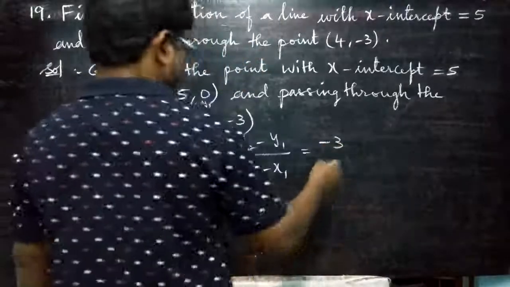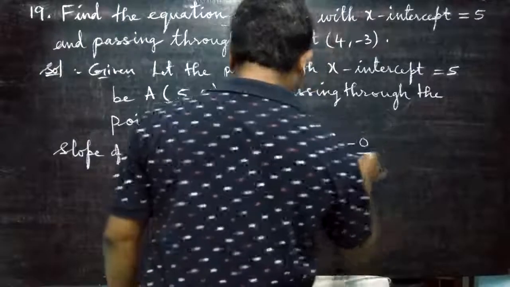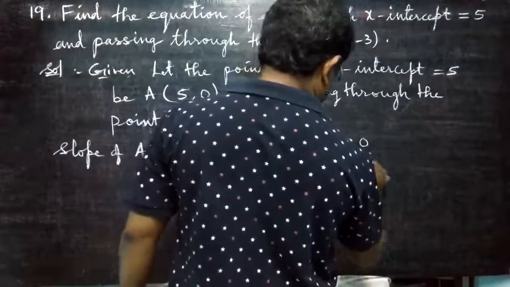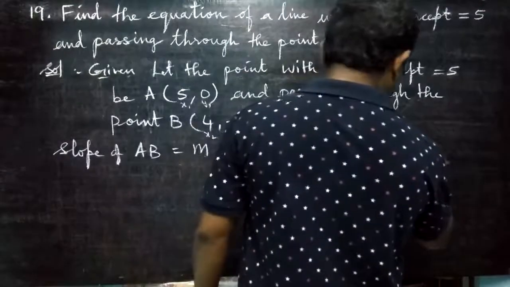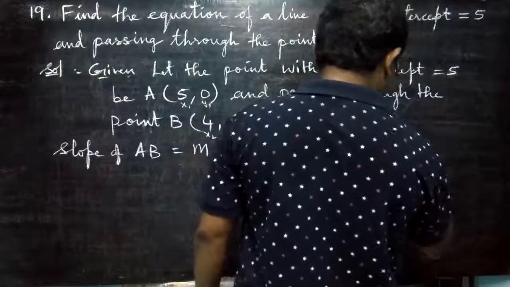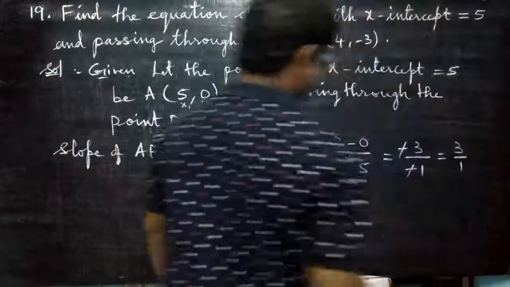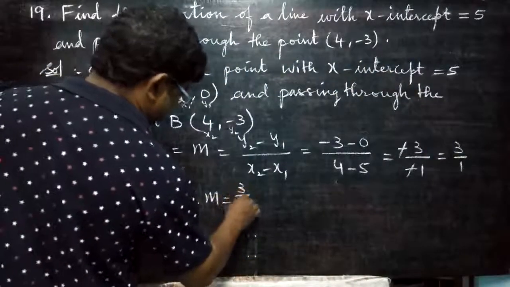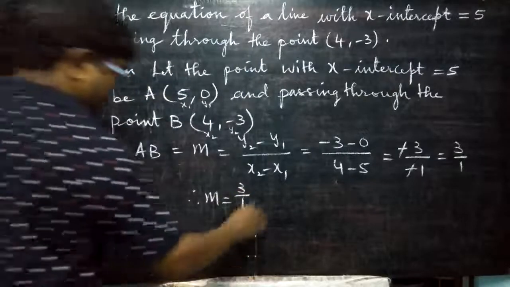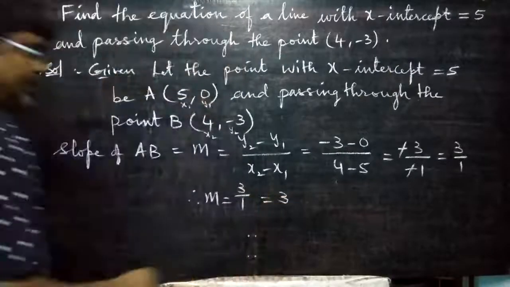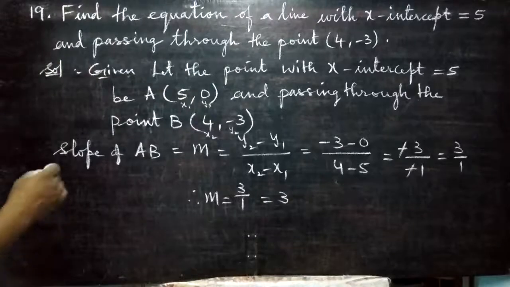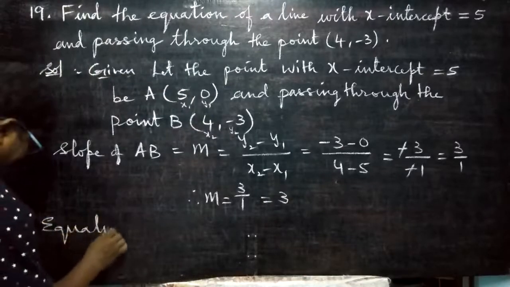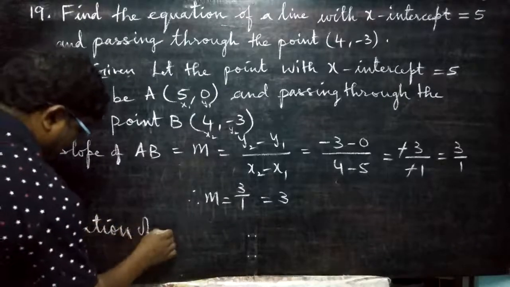Minus 3 minus 0 by 4 minus 5. So minus 3 by minus 1. Minus minus get cancelled. 3 by 1. Now we got slope m is equal to 3 by 1. If you write 3 by 1 or 3, same. Now they are asking to find equation of a line.